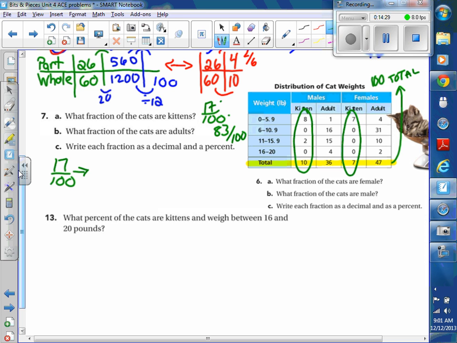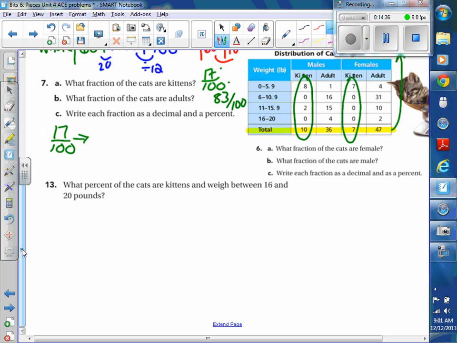So that's how you would say the fraction, 17 100ths. Think of it as 10 hundredths, there's 17 hundredths. And then percent is comparing to 100, so 17 per 100. So this would be 17%, which means per 100.